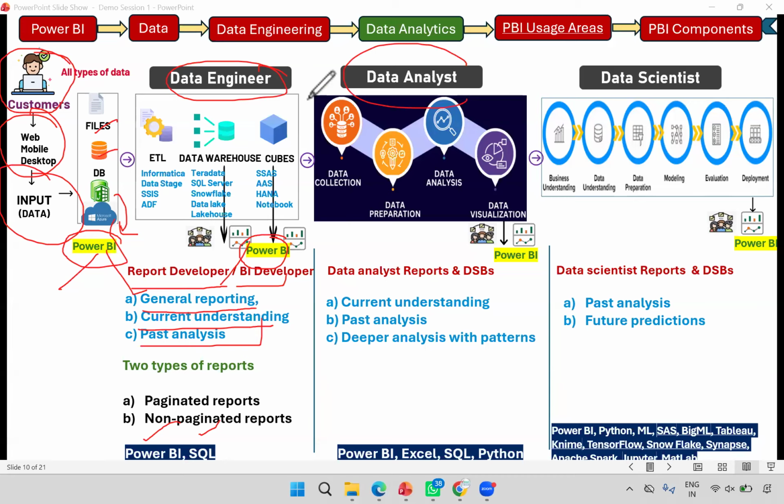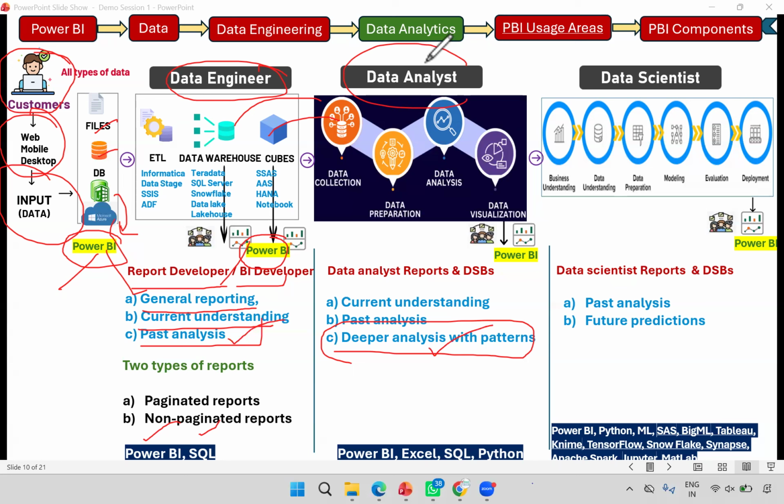They take this data and provide deeper analysis with patterns. So here it is just normal past analysis, here deeper analysis is possible.